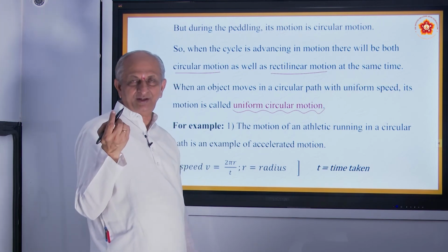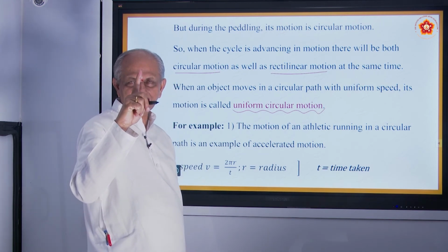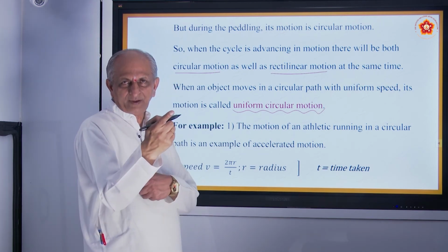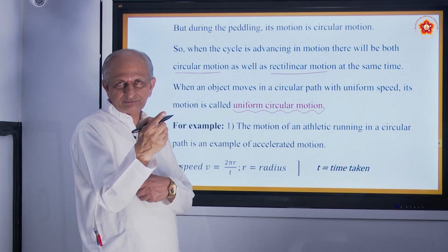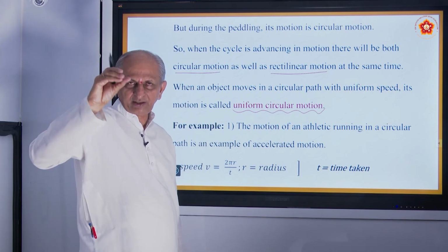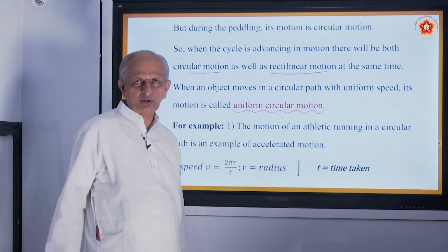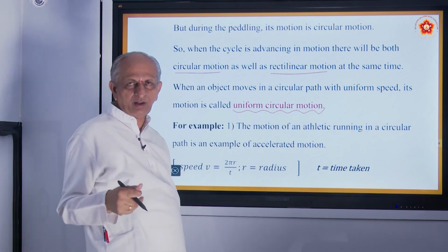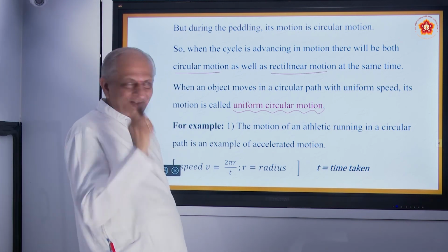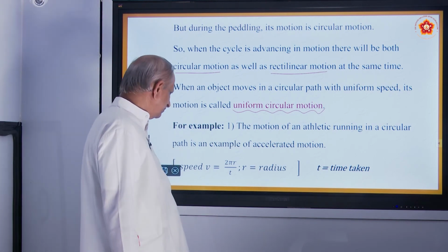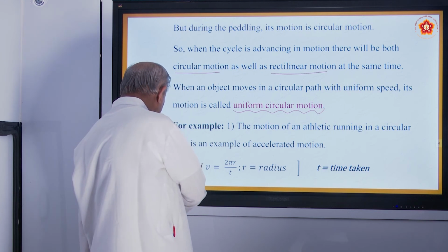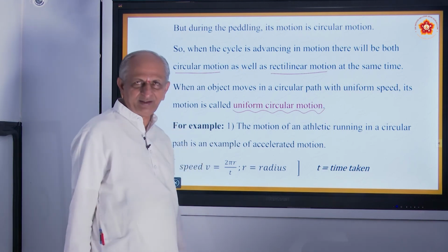Okay, one more thing, you can take one rope, say of 1 foot length. To the end of that, you tie one stone or one metallic ball, and rotate it. You would have experienced it. So there you have circular motion, right?